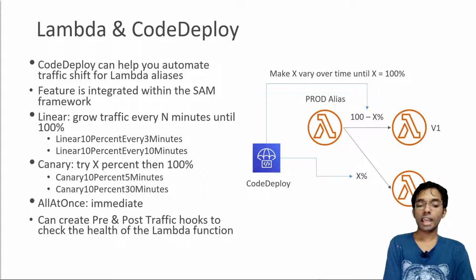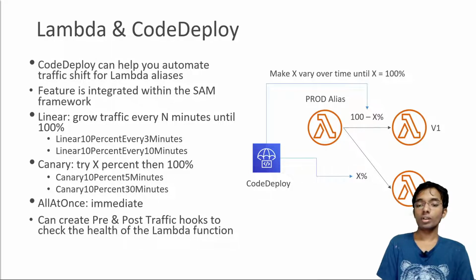And there's canary, where you try x% for a small amount of time, and then you switch to 100%. So it's a two-step thing. So you can get canary 10% 5 minutes. That means for 5 minutes 10% of the traffic will go to the new version, and if we don't get any error, everything will go to the new version.